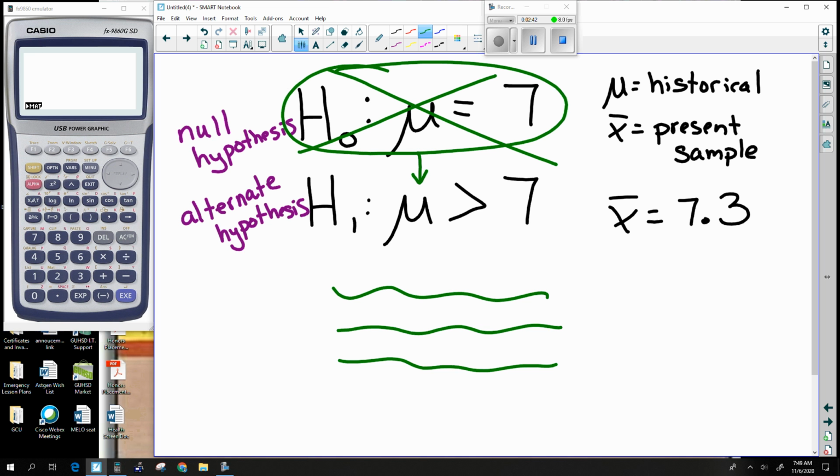Rather, this is true, if we have enough evidence. And so what we're going to be learning is how do I make that evidence? How do I do the statistics to reject some average that has always been accepted as true, and accept something else.